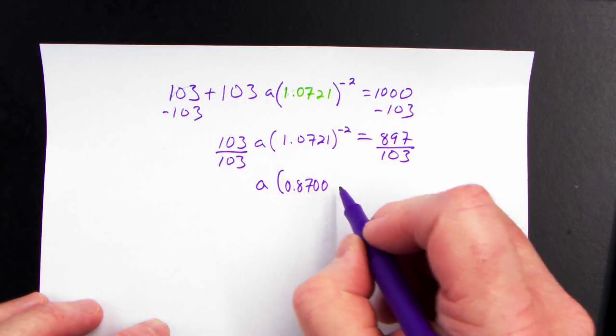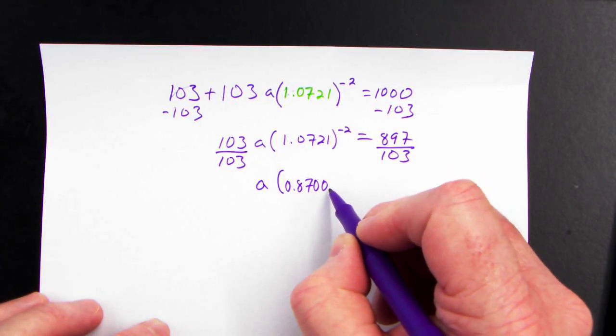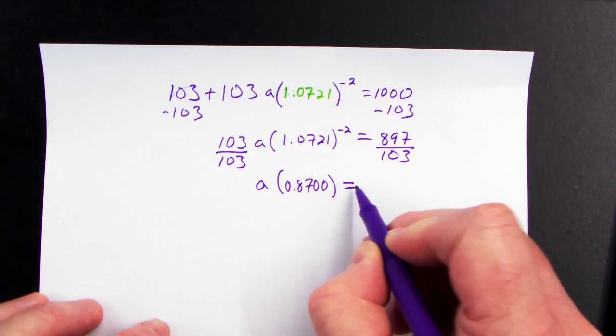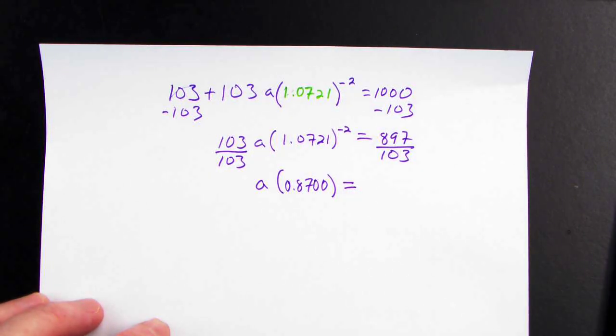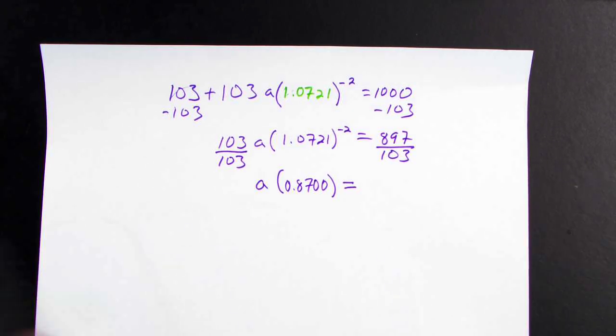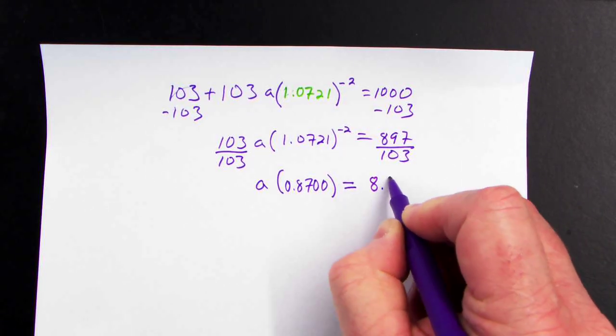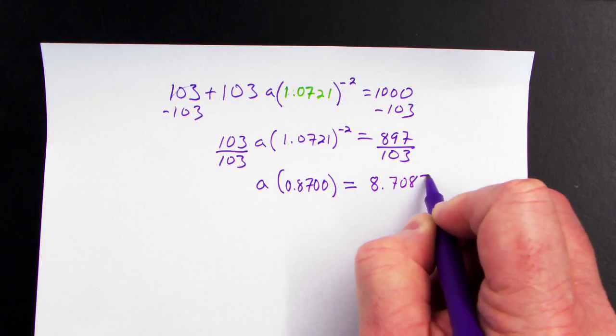Since I'm in the midst of this part of the problem, I could probably just leave that as a rounded number. And 897 divided by 103 is about 8.7087.